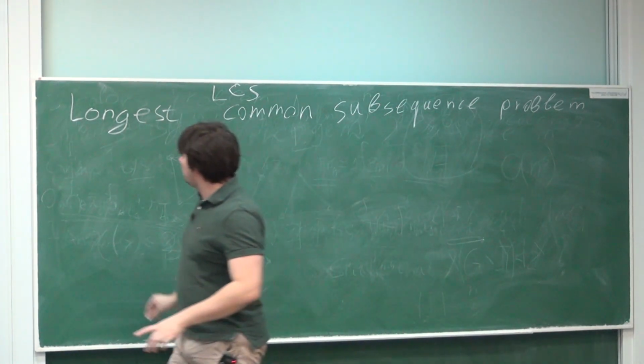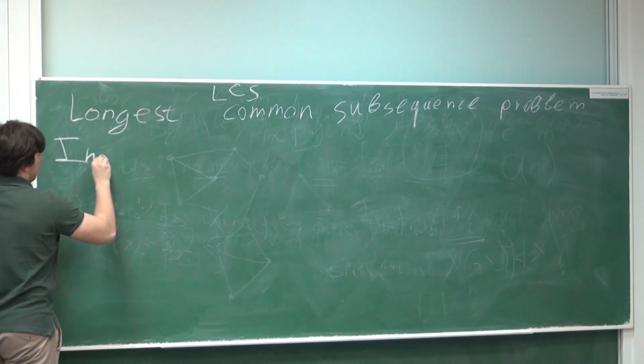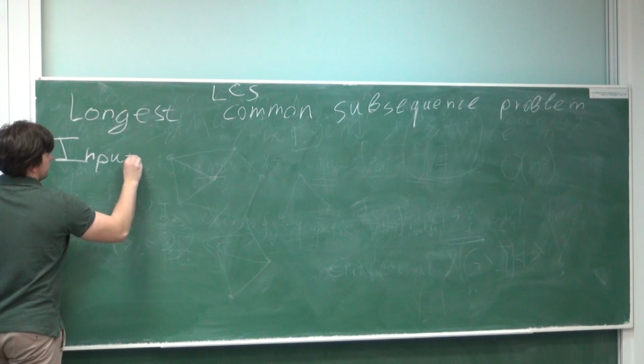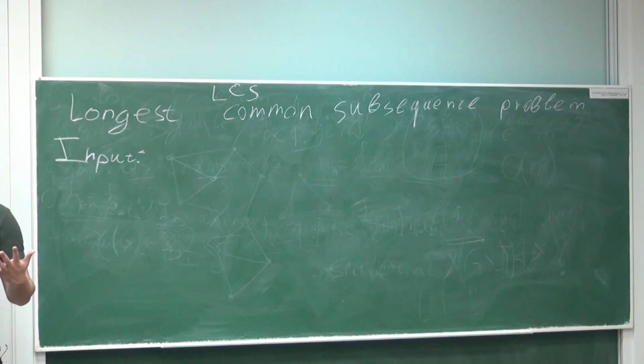So your input is two sequences of n things. It could be numbers, it could be letters.